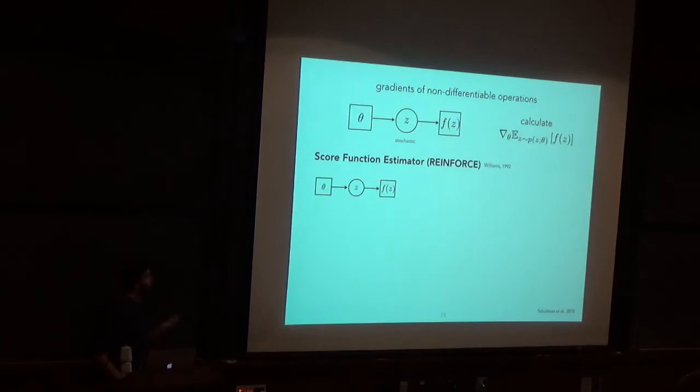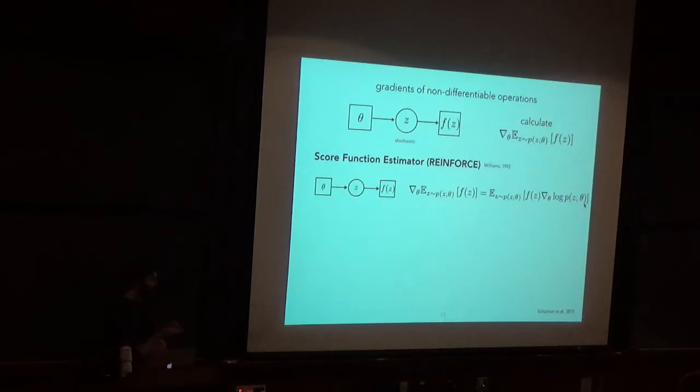So the score function estimator, or what's sometimes called the REINFORCE gradient, uses some mathematical tricks in terms of taking the log and the derivative and re-expresses this gradient, which we can't take exactly because it goes through this stochastic node, into this other gradient, where now you take this product of f of z and the gradient of the log probability of z.